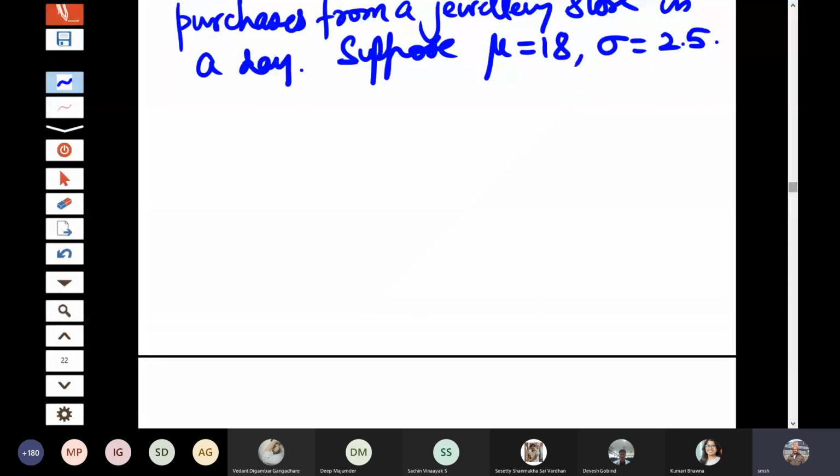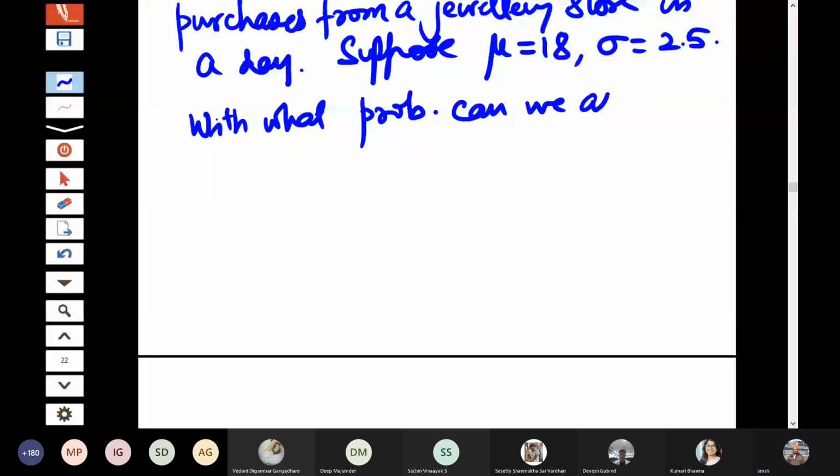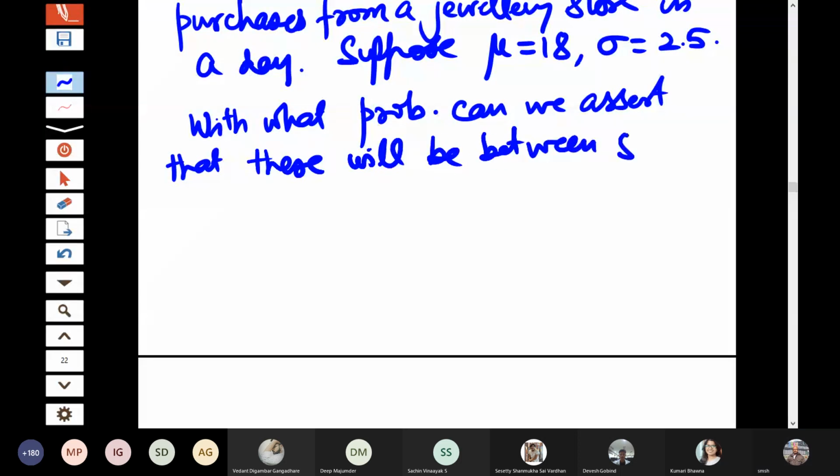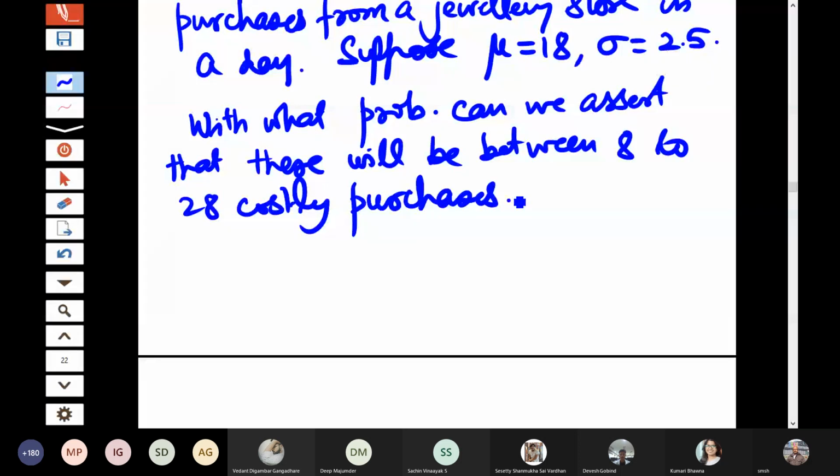We want to find out with what probability we can assert that there will be between 8 to 28 costly purchases.